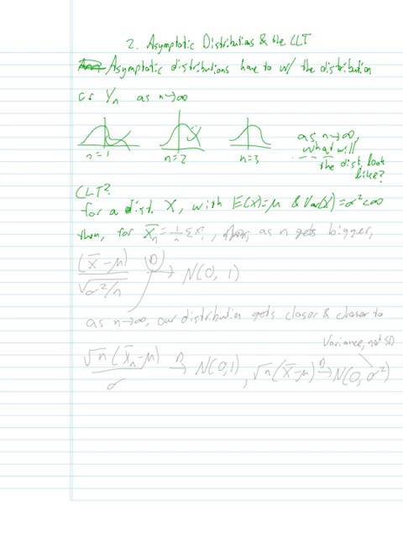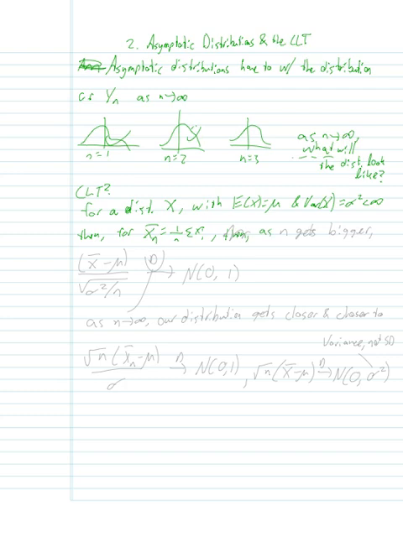Then for x bar equaling 1 over n times the sum of xi, so the sample mean, right, for the first n distributions, I guess I'll write x bar sub n.